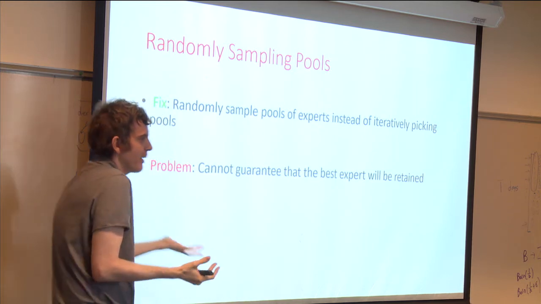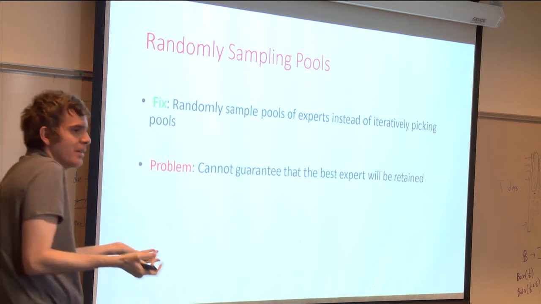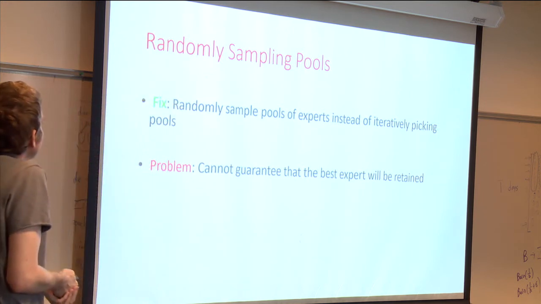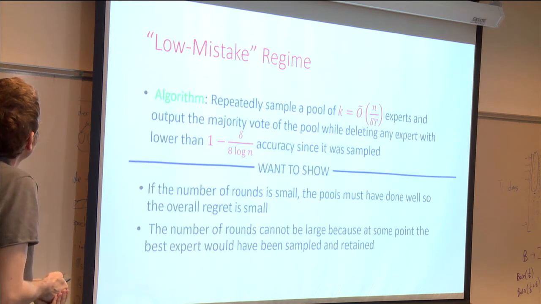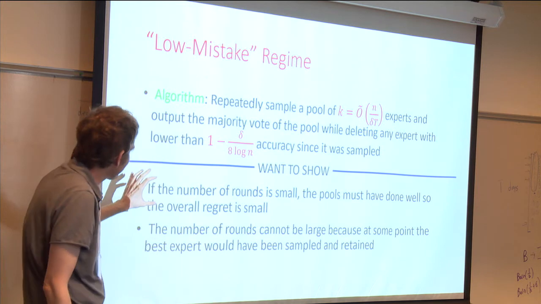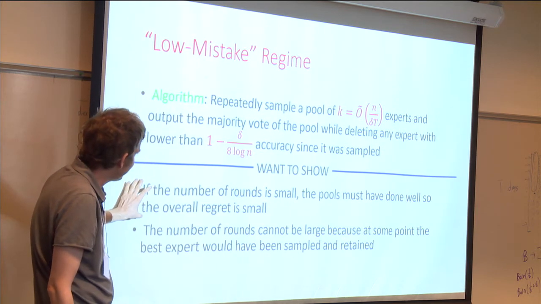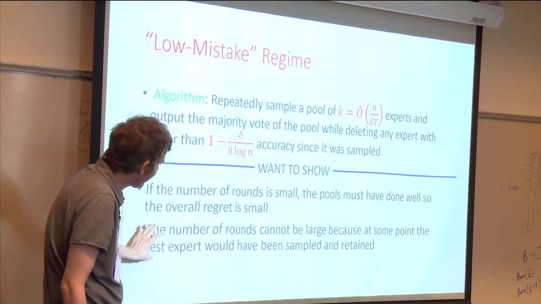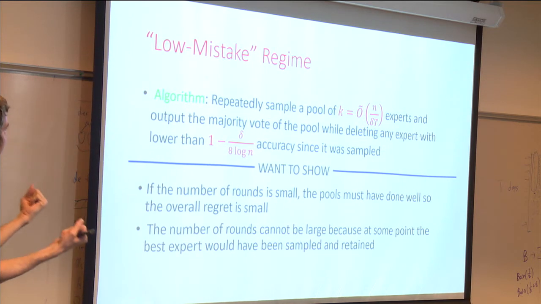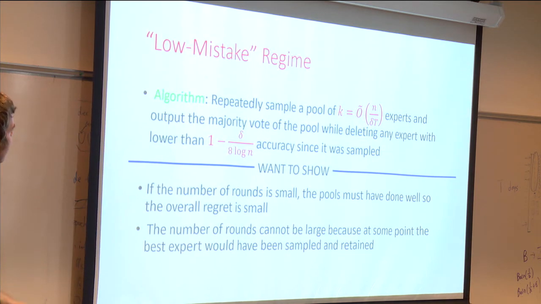And then you might have to wait a long time until you sample that expert again, or maybe you won't sample it again. Right, so we still have this intuition that if the number of rounds is small, the pools must have done well. Otherwise, we hope to sample and retain the best expert. Those are the two things we're trying to make happen together.